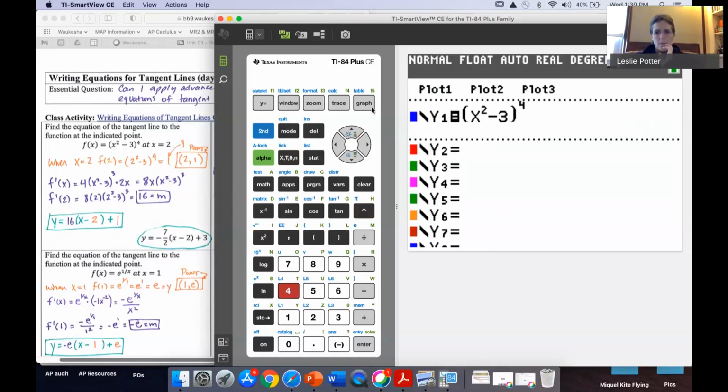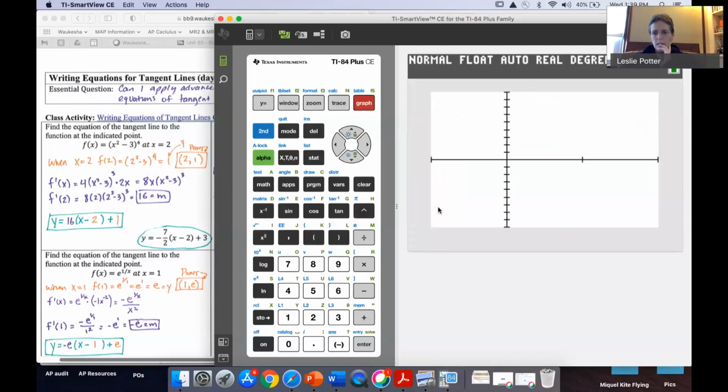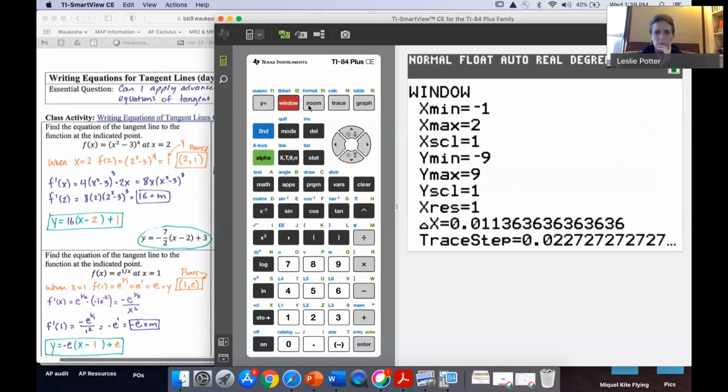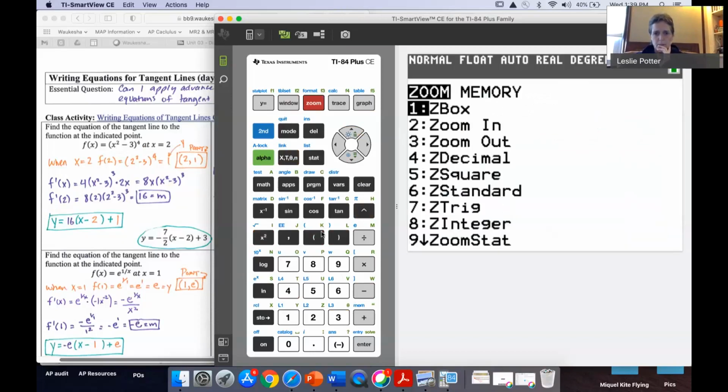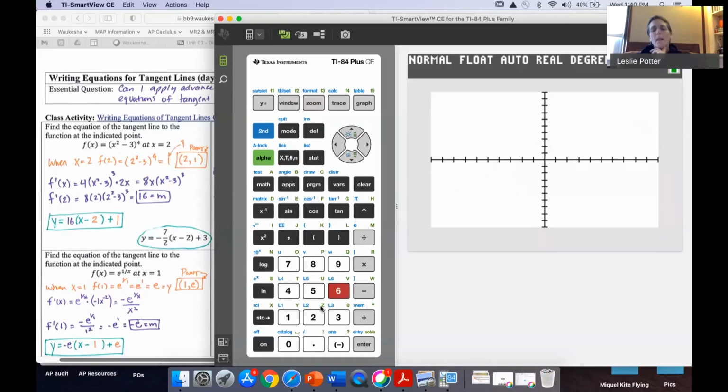Okay, and I'm going to go ahead and graph that. Let's do a zoom standard here, zoom 6, to get back to our standard window. So here's that 4th degree polynomial. It's actually an 8th degree polynomial, I guess, if you multiply it out.